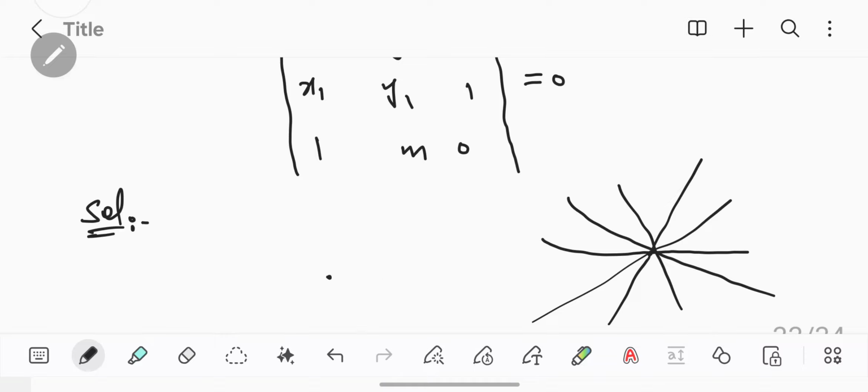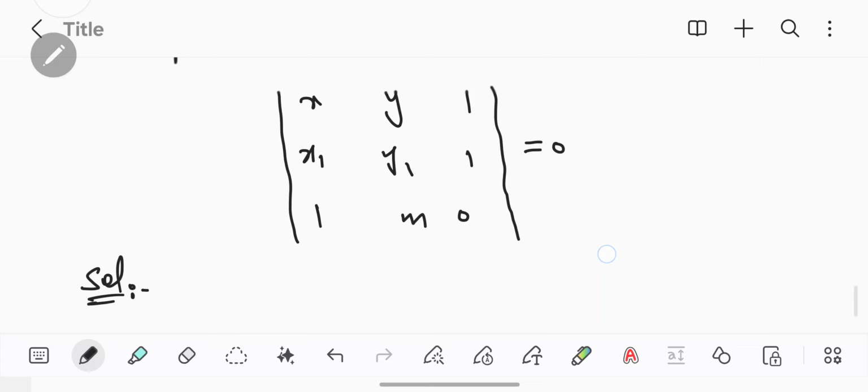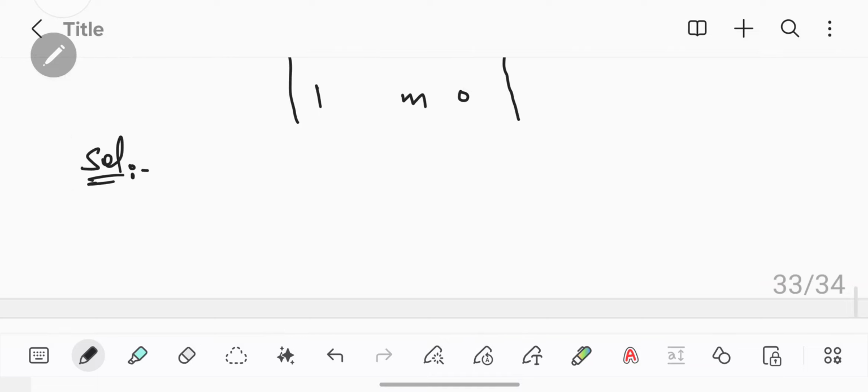If I give you slope 1, that means you will draw this line at pi by 4 angle. If I give you the slope is infinity, that means you will draw a perpendicular line. So each line has a unique slope. So if I give you a slope and a point, you can always draw a line.